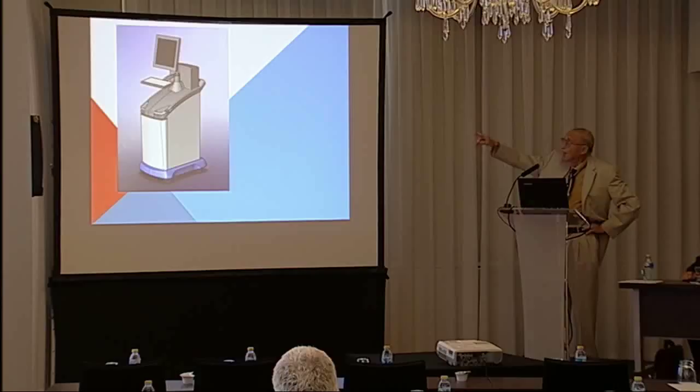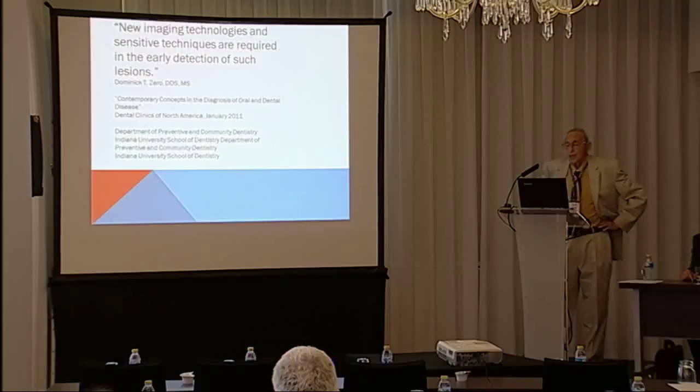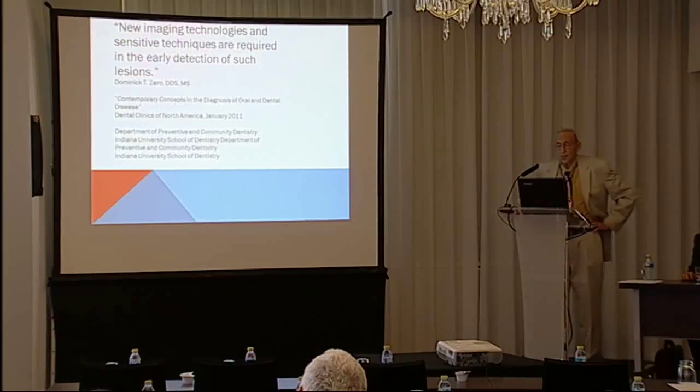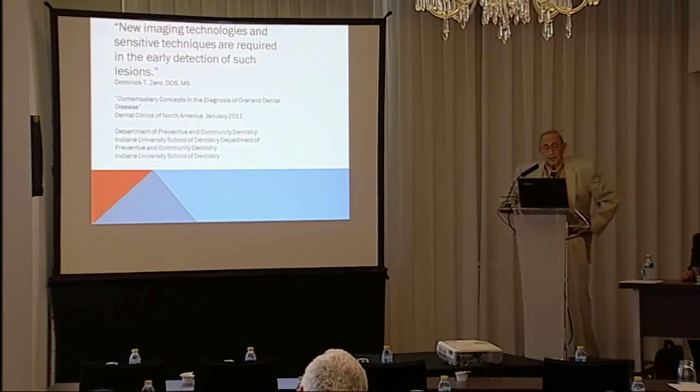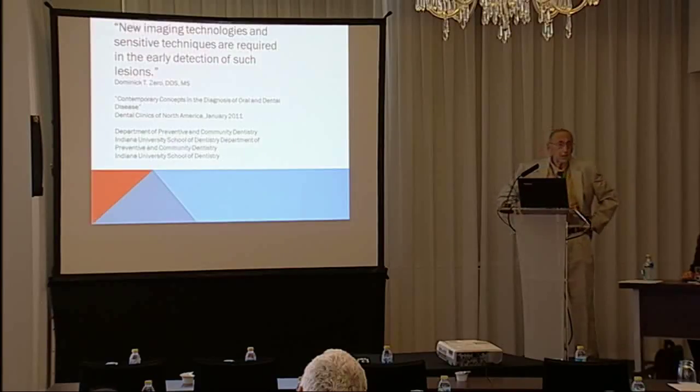Up on top, you've got your computer pad and your computer image, and there's an outlet where the probe will go. New imaging technologies and sensitive techniques are required in the early detection of such lesions. That was by Dominic Zero, Contemporary Concepts in Diagnosis of Oral and Dental Disease, Dental Clinics in North America, 2001.